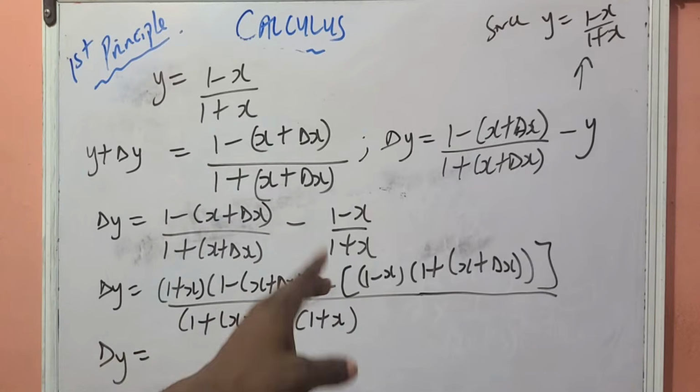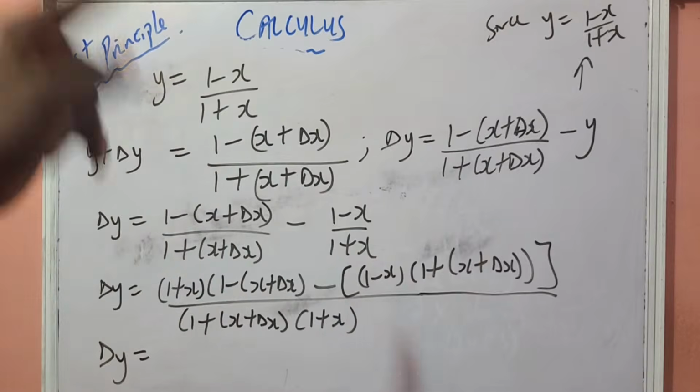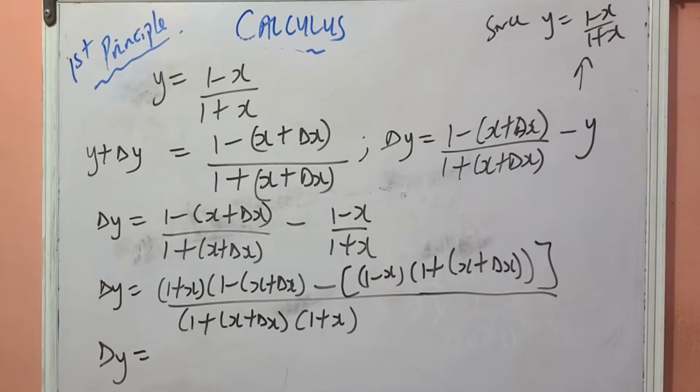For instance, let's say you were supposed to have x minus x, but you ended up having x plus x, and that spoils the whole thing, and then you get confused in the exam hall because you know what your answer is supposed to be, but you're not getting that answer, obviously because you have made an error with your opening of brackets. So let's see how we're going to open this in such a way that there is no issue at all.